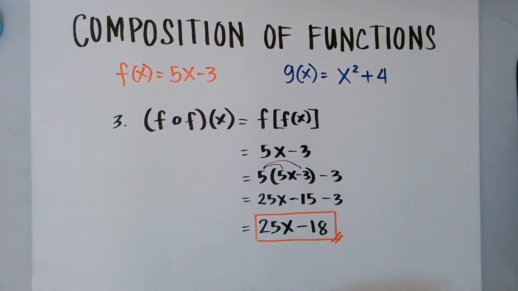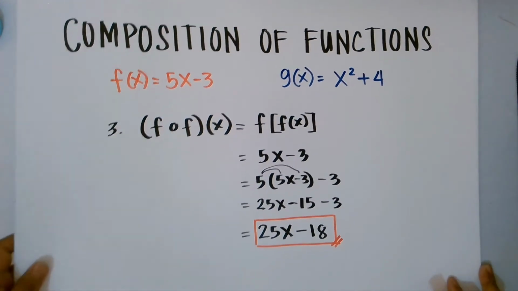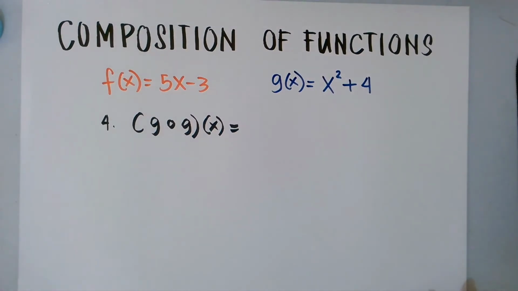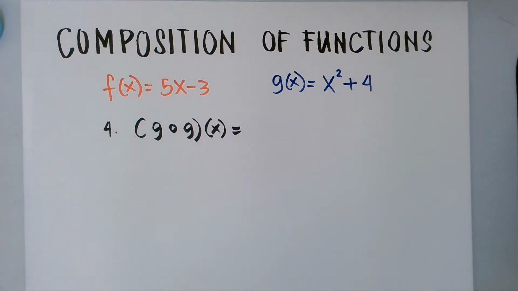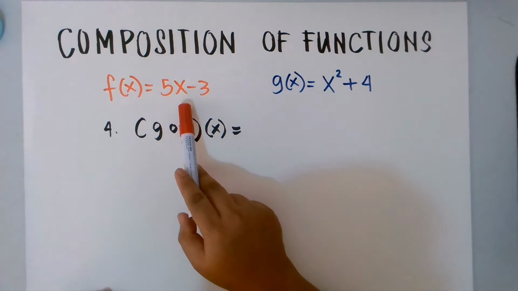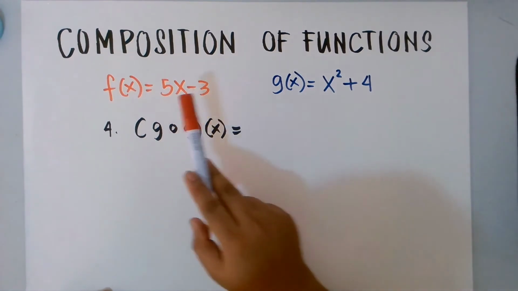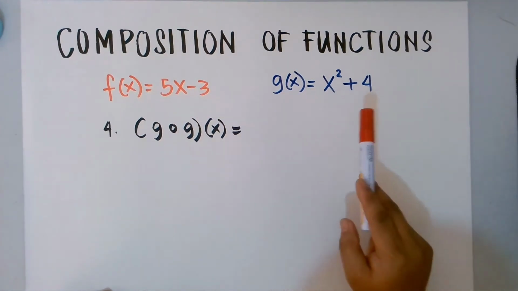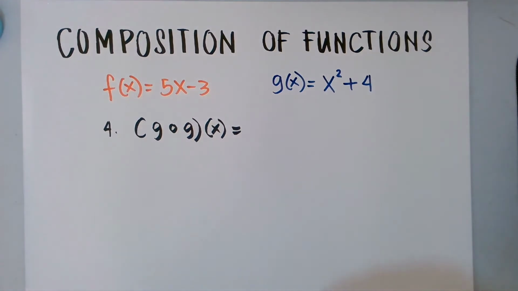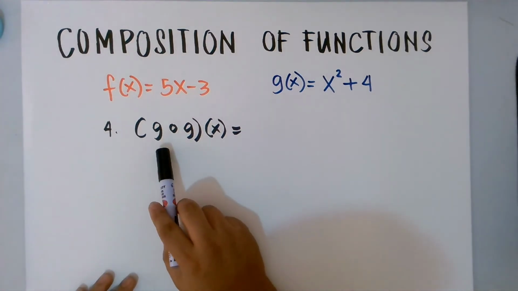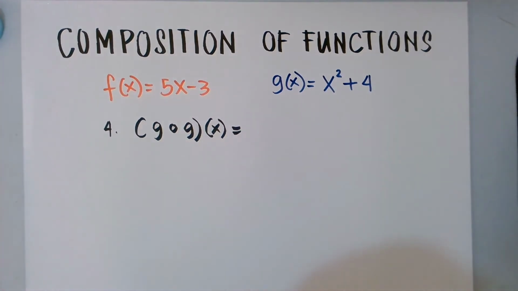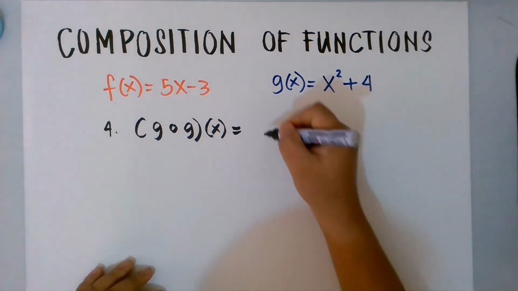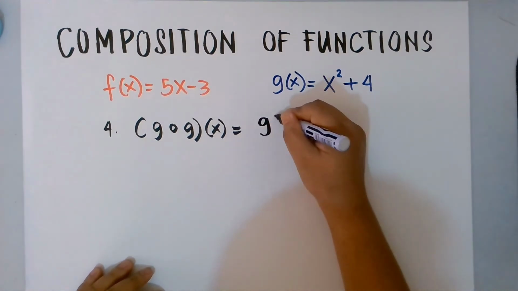Alright. So let's go ahead and answer problem number 4 or example number 4. So we have same given functions here. 5x minus 3 and x squared plus 4. But as you can see, the composite functions here is g composed with g of x. So meaning we will be using one function only, and that's the g of x.